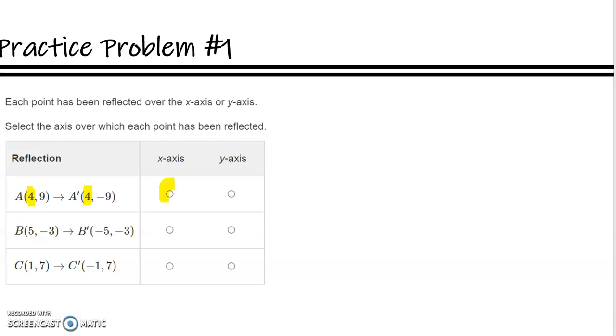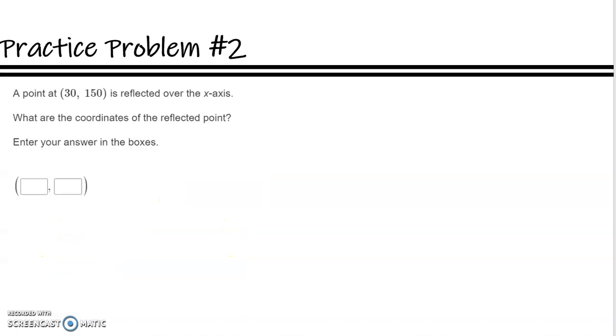Therefore, it's reflecting across the x-axis. For the second, B, I can see that my y value stays the same. Therefore, it goes across the y-axis. And C, I can see that my y stays the same. Therefore, it goes across the y-axis. If you wanted to double check, you could sketch a little coordinate plane, but remembering these rules will help you be successful with this.